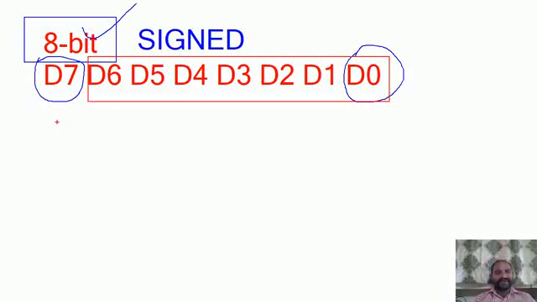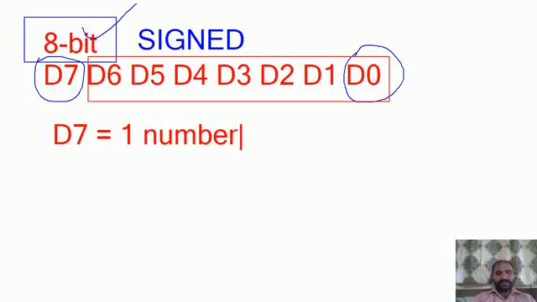So signed numbers are nothing but showing the value along with its sign, whether the number is positive or negative. Now, if the D7 bit position is equal to 1 in the signed numbers case, then the number is a negative number.